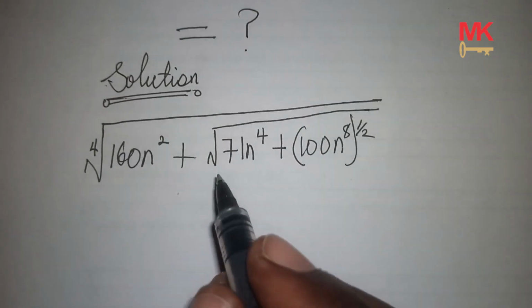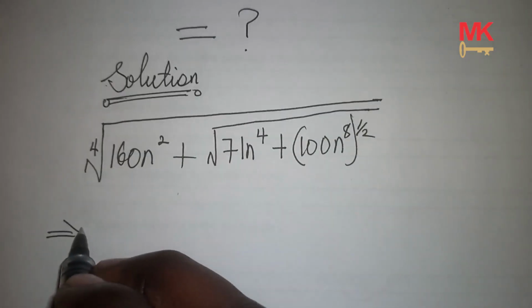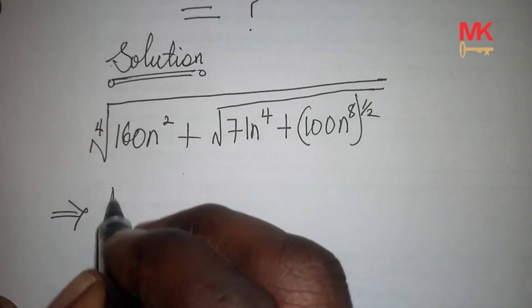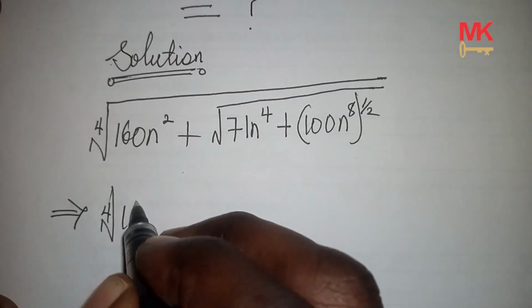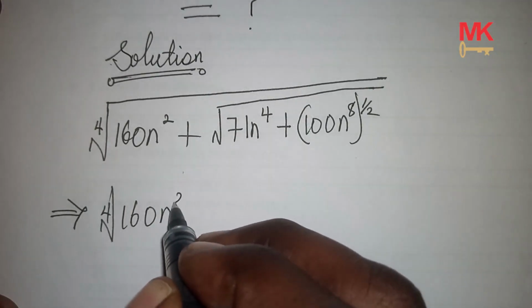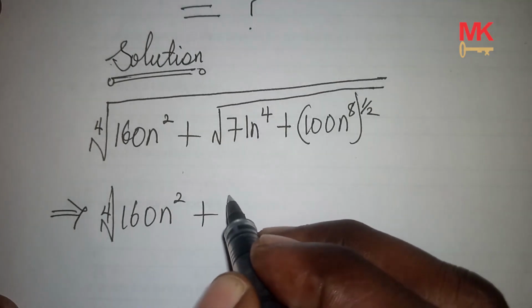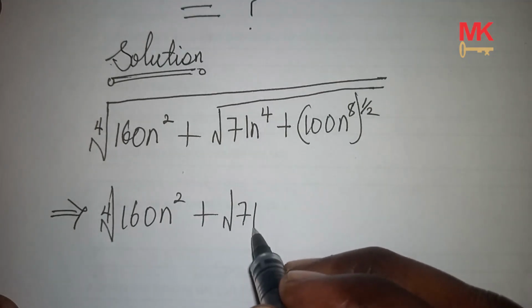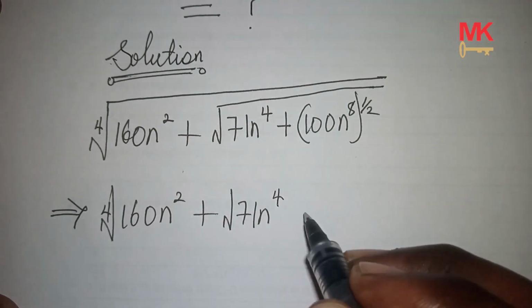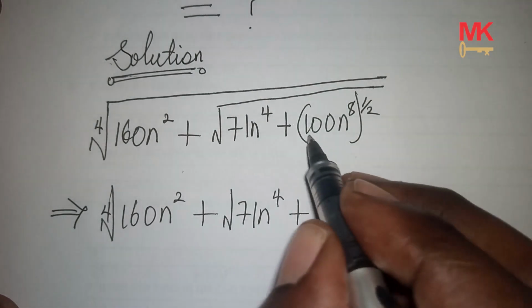So from here, it implies that 160n squared plus what we have inside here raised to power 4 will now be added to this.